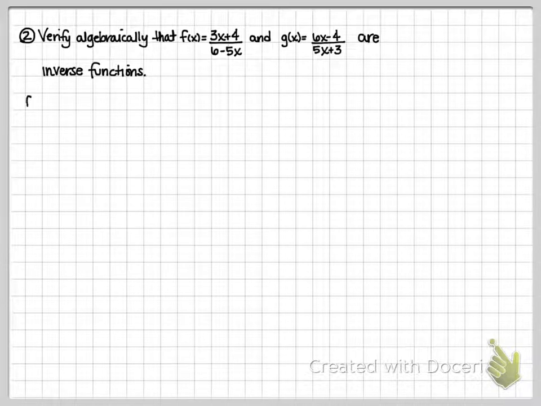All right, fog of x. Remember, you start writing the f function, and every time you run into an x, you rip it out and you plug in the g. Okay, so the f function starts out with a 3, there's an x, take it out. Go to the g function and plug that in. Notice I'm using parentheses when I plug my g function in.